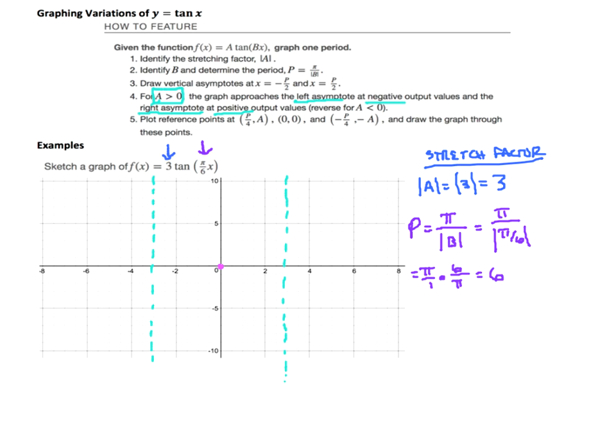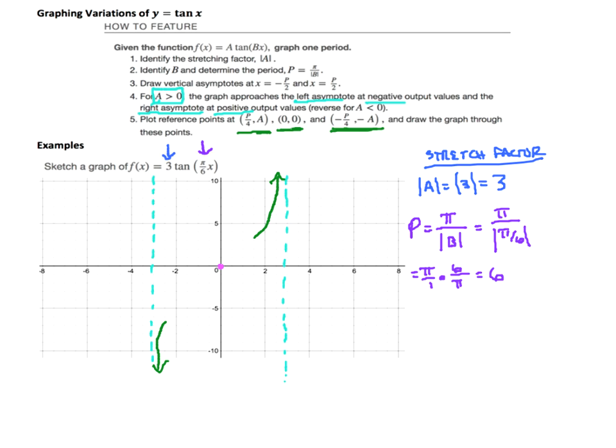Okay, so I know from that statement there that I am, at the very least, dealing with this and this. Now I just need to find a couple points between that I know are on the function so I can get a more accurate picture of my curve there. And that's where we plot reference points.